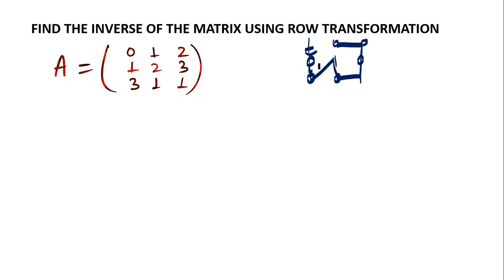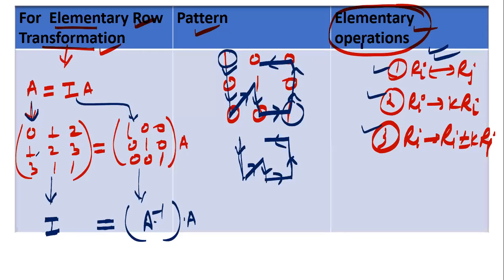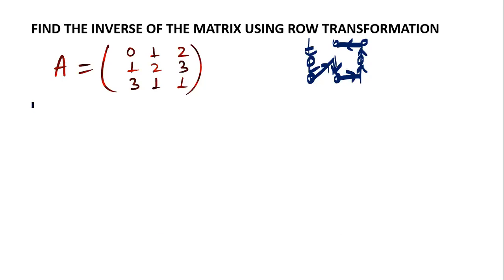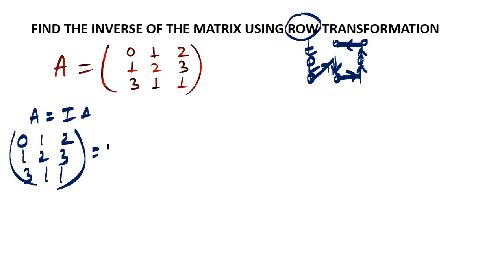Follow this, and we will use all these transformations. First of all, we will write down A equals IA, because row transformation is there. That is 0, 1, 2, 1, 2, 3, 3, 1, 1 equals identity matrix of order 3 by 3, 1, 0, 0, 0, 1, 0, 0, 0, 1 into A.